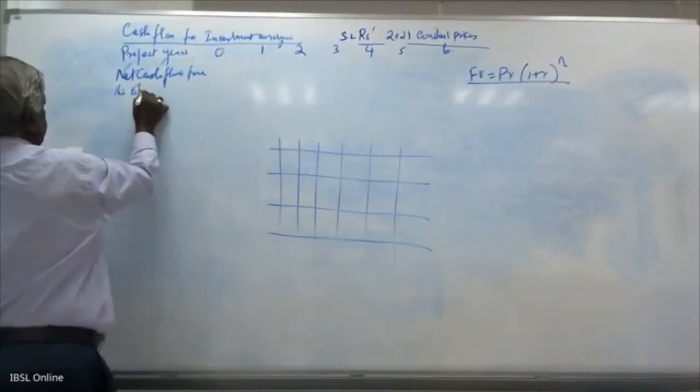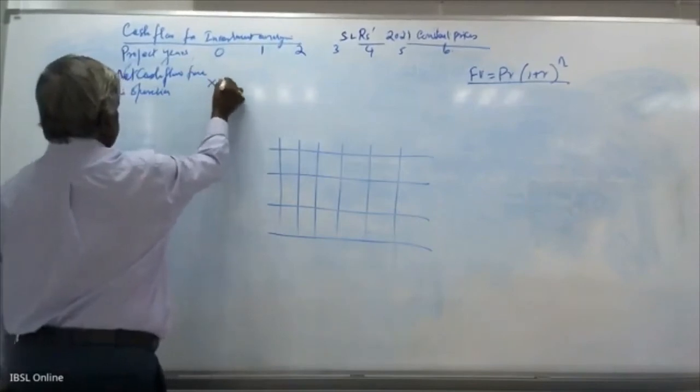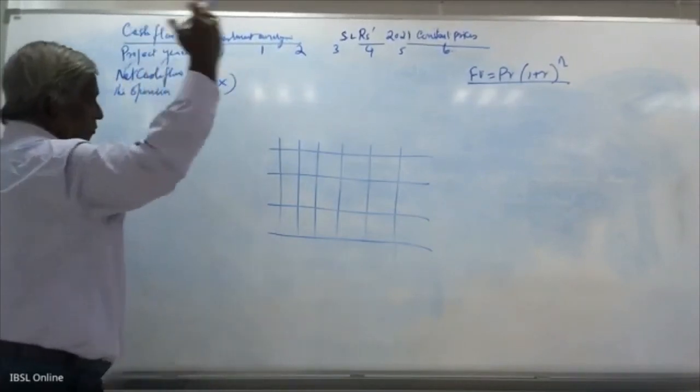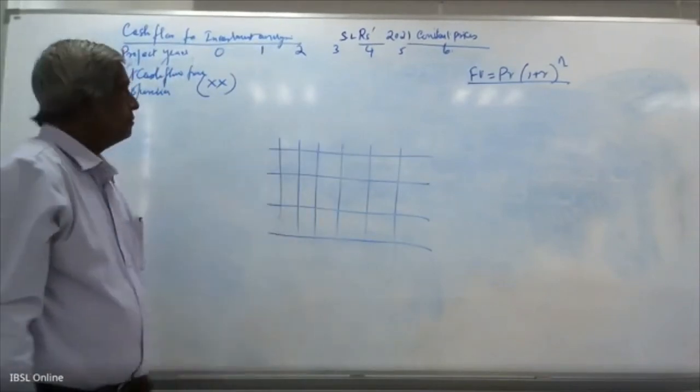This is the investment. This will be within brackets, negative, outflow.